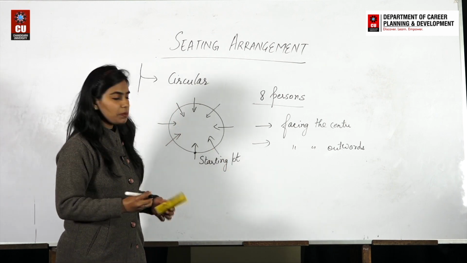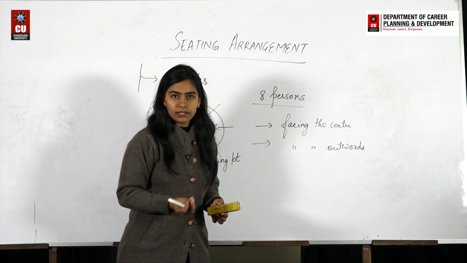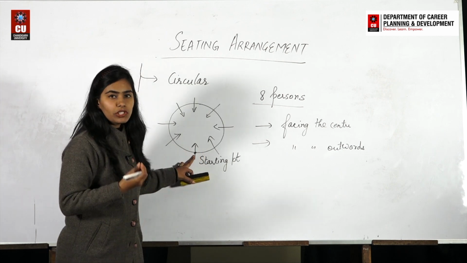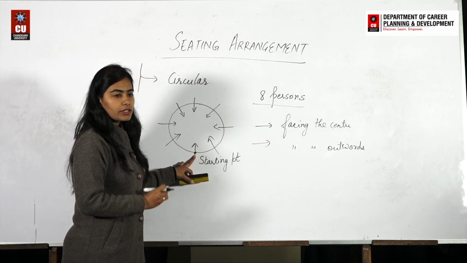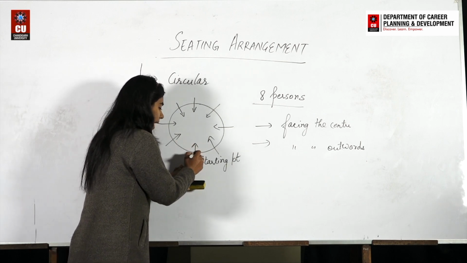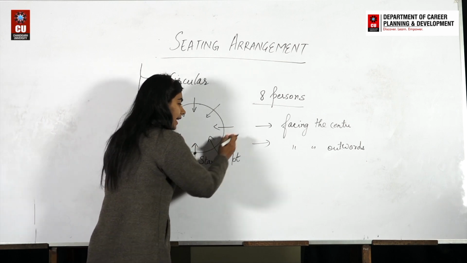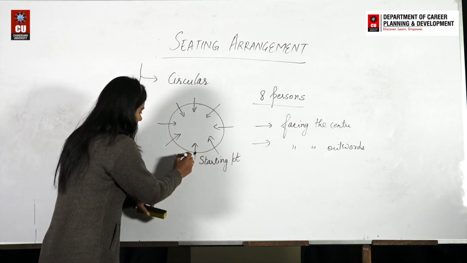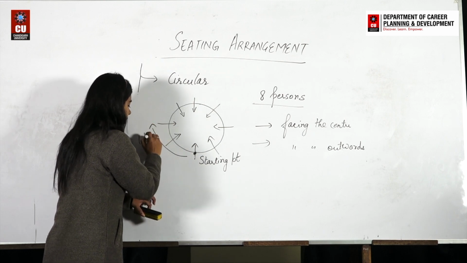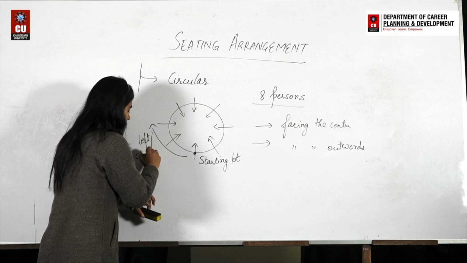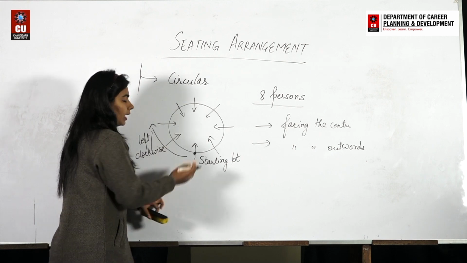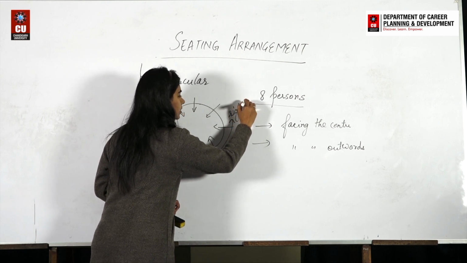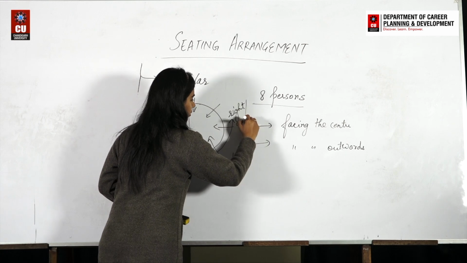First of all, we will start from this point and imagine yourself at this point. Now your right hand goes to right side and your left hand goes to left side. This is your left side, which is clockwise direction. Your right hand goes to right side, which is anti-clockwise direction.